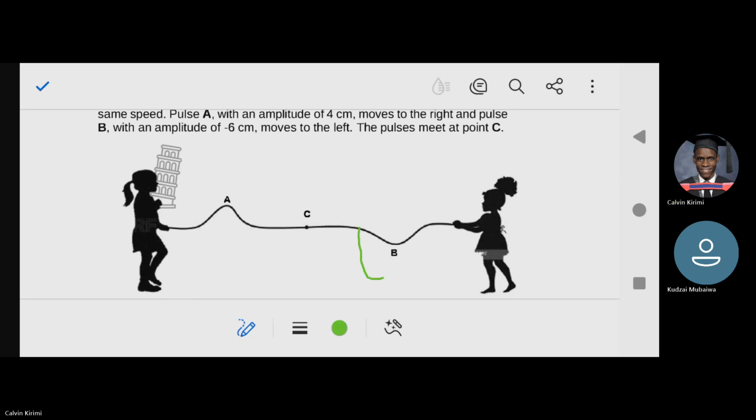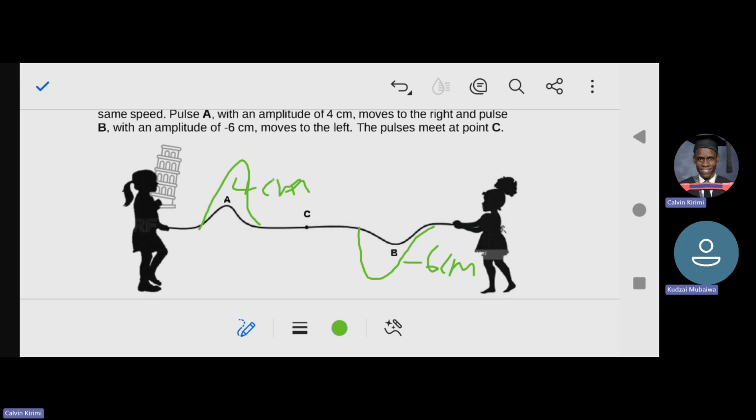So already you have been told that this is negative. Let's just make it bigger. We just say it's -6. And then this one, we say it's 4 centimeters. So they've met here. This one is -6. Why is it -6? It's down, isn't it? This one is 6 centimeters.